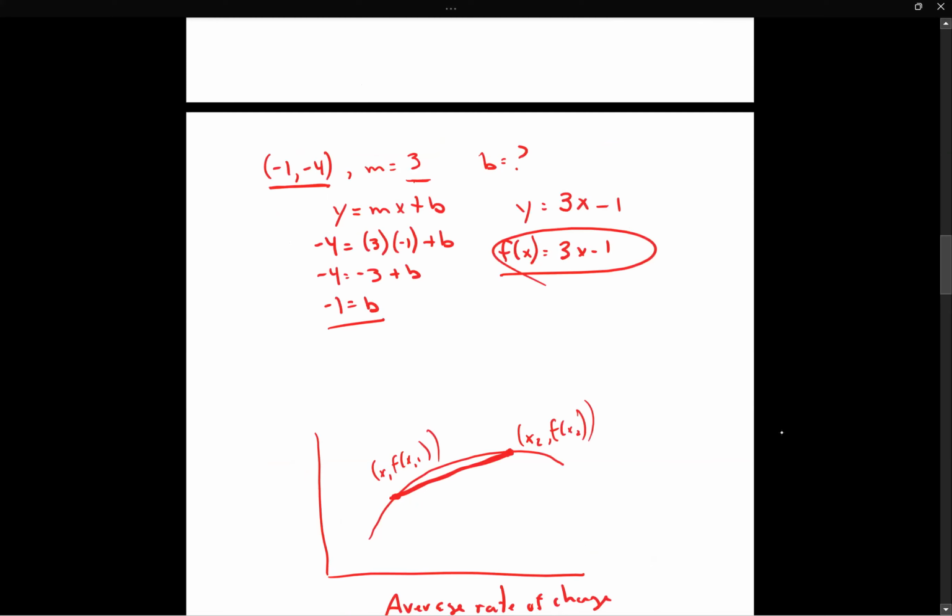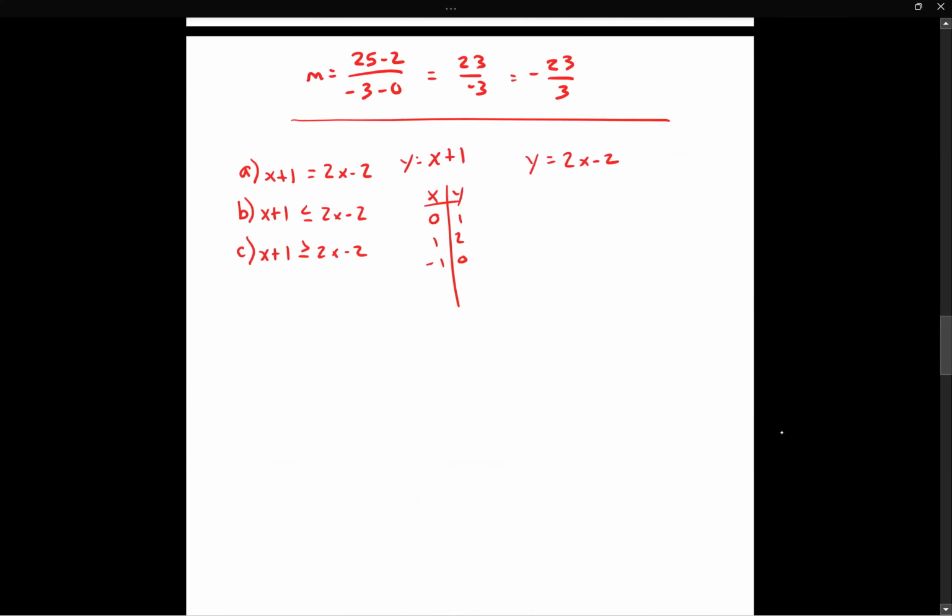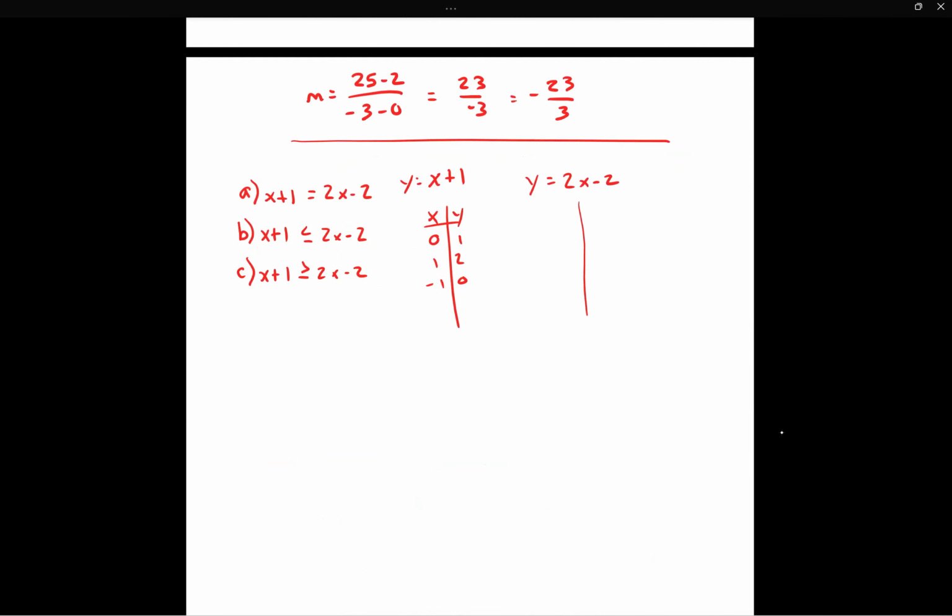In this case, x is 0, y is -2; x is 1, I have 2 minus 2, which is 0; x is 2, I have 2 times 2 is 4 minus 2, which gives me 2. So now let's graph these.